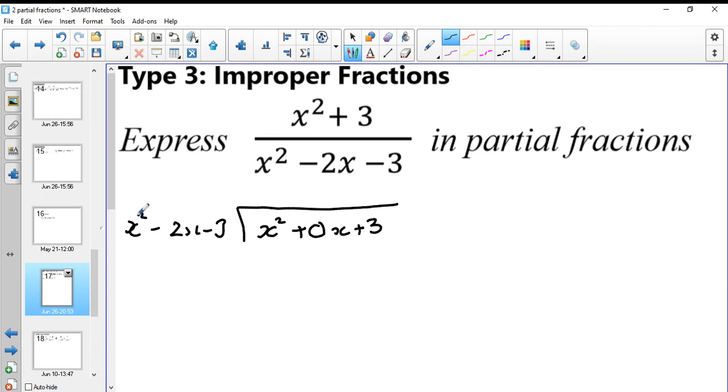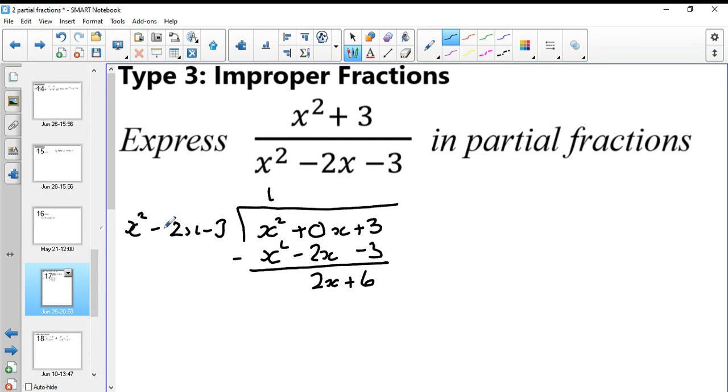Using this term here to divide, x squared divided by x squared is 1. 1 times x squared minus 2x minus 3 is x squared minus 2x minus 3. Then we're going to subtract. 0x subtract minus 2x is positive 2x. 3 minus minus 3 is positive 6.